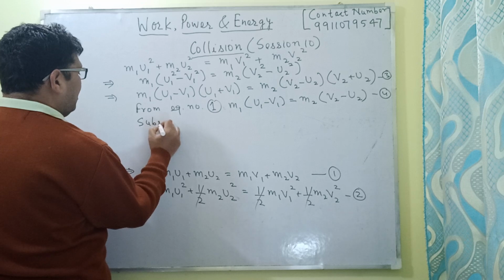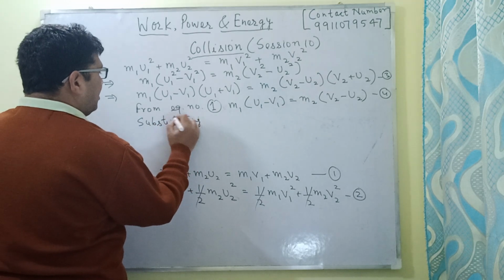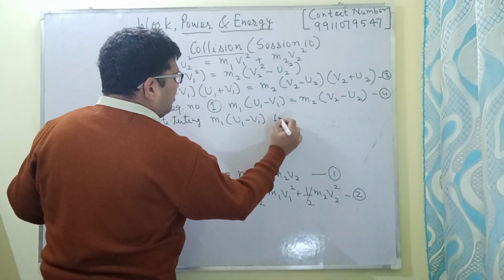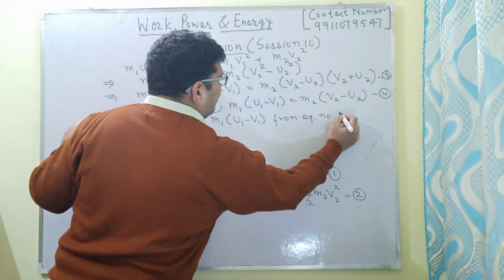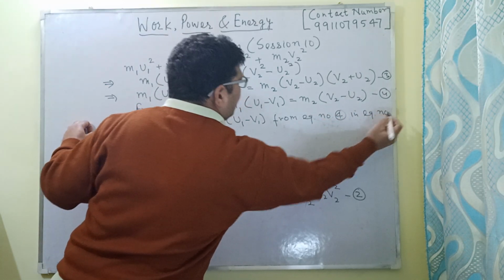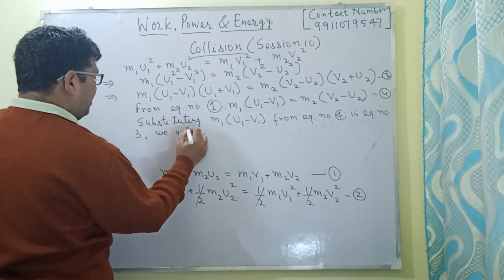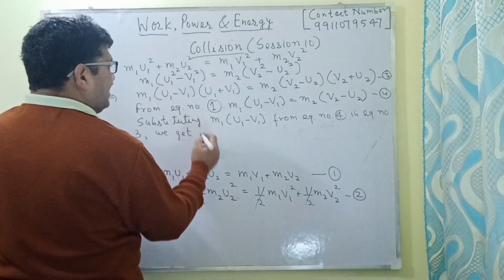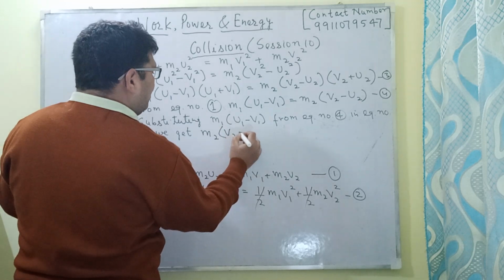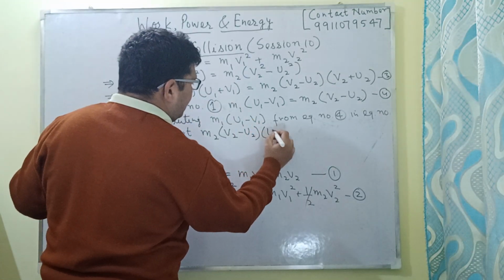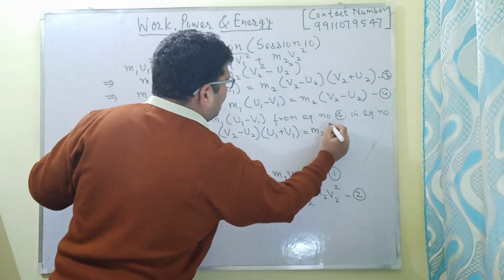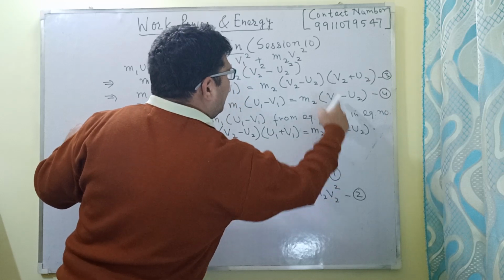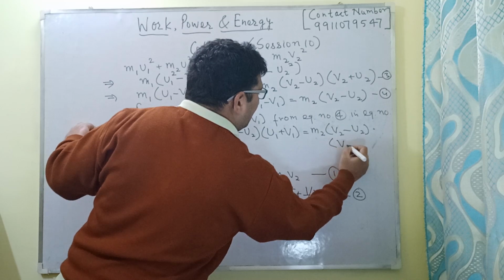So substituting the value of this m1 u1 minus v1 from equation number 4 in equation number 3, we get, if I put this value as m2 bracket v2 minus u2, so I will be getting here m2 v2 minus u2 into u1 plus v1, and this is equal to m2 v2 minus u2 into v2 plus u2.